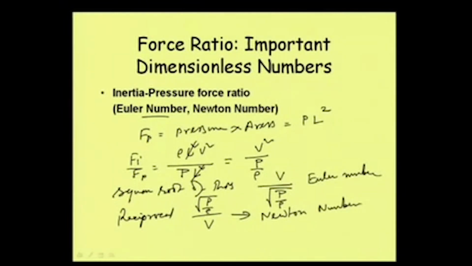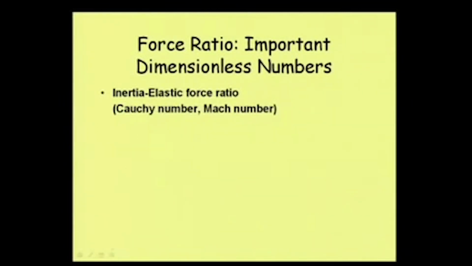These are some important dimensionless numbers that we use many a time in our hydraulic analysis. Another is the inertia to elastic force ratio, inertia versus elastic force. That gives the Cauchy number and Mach number, which are also very important in fluid mechanics.